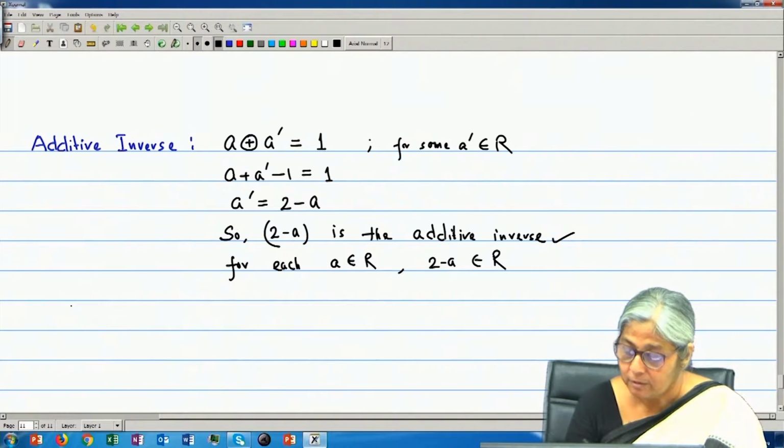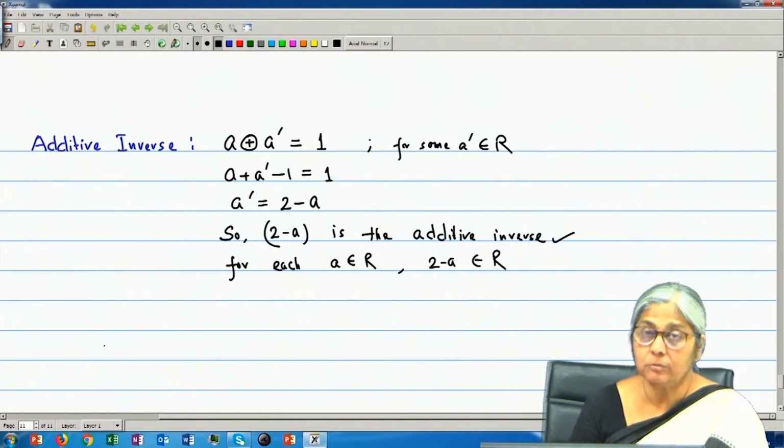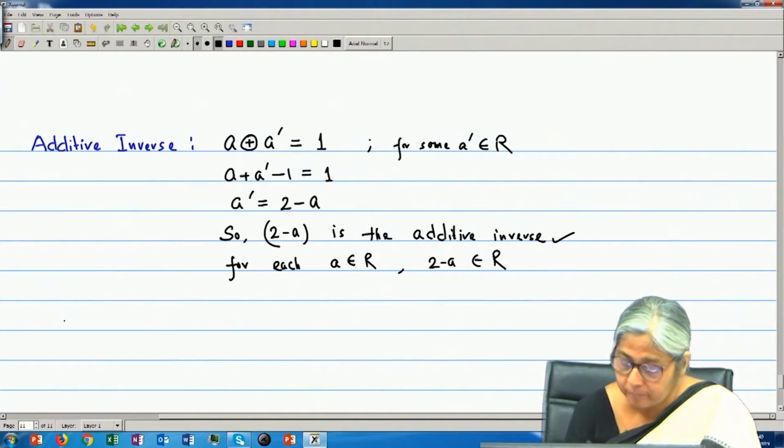Now, we have to see the commutativity with respect to the addition.